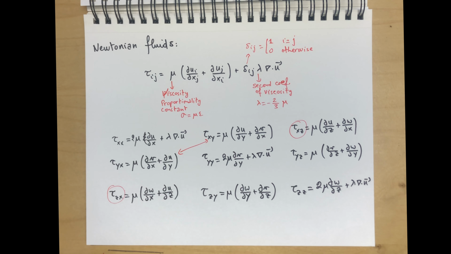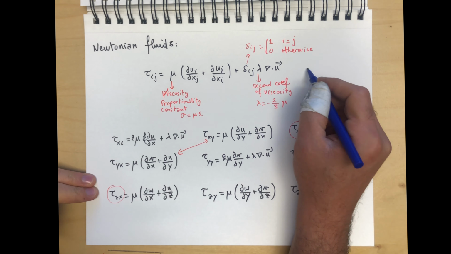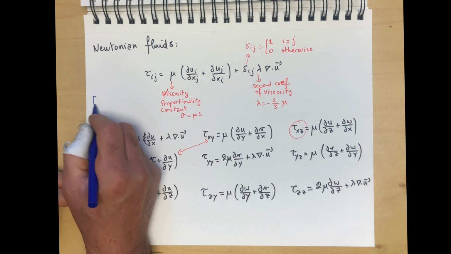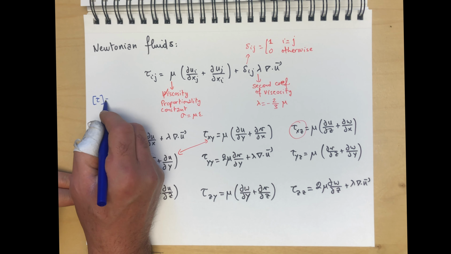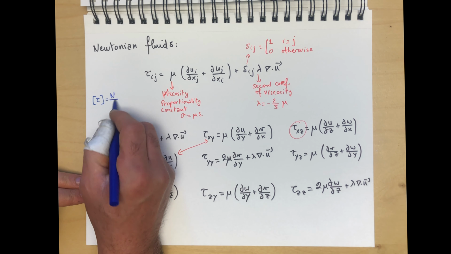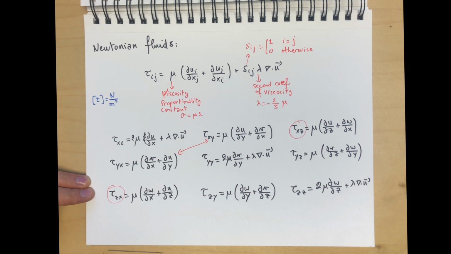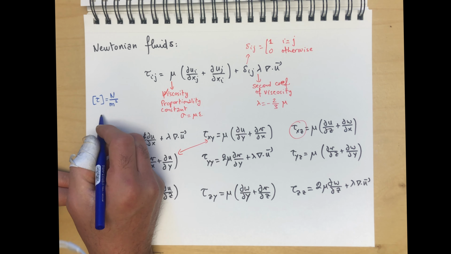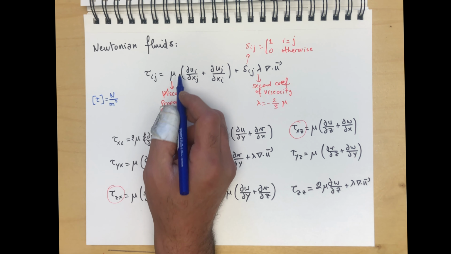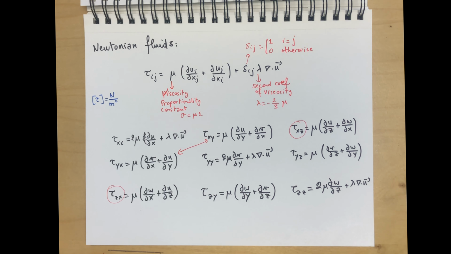Okay. Now the units of the stress tensor, the units of tau are obviously newtons per meter squared. Okay, and that will allow us to obtain the units for mu.